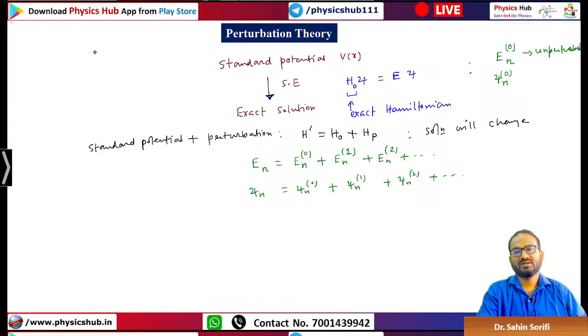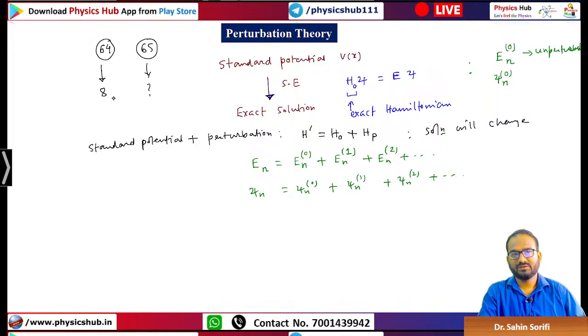If I give you a practical example, let us say we know that 64 is a perfect square, right? So you know the square root of it, 8. If you are given 65, then what will be the square root? From the knowledge of this, we will try to find out the square root of 65. It is like that.